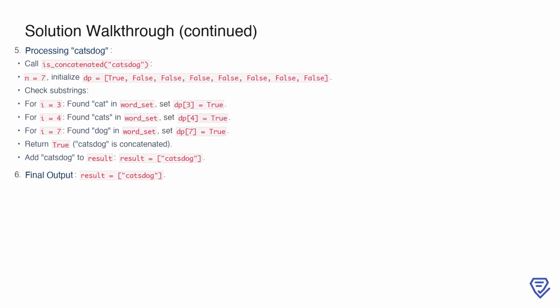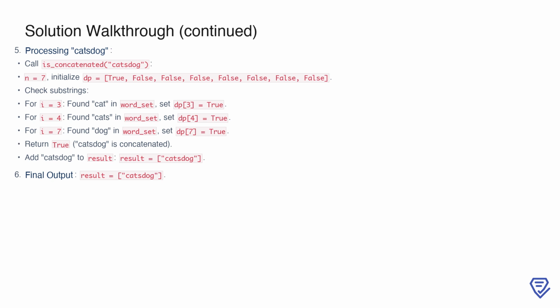Now, we process the word catsdog. We call is_concatenated and initialize a dp array of size 8. As we check its substrings, we first find that cat is in word_set, so we set dp[3] to true. Then, we find cats is also in word_set, so dp[4] is set to true.